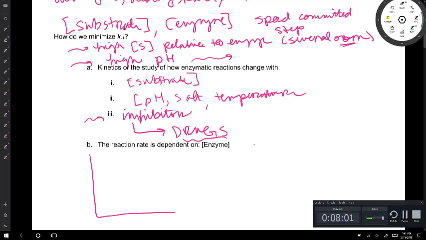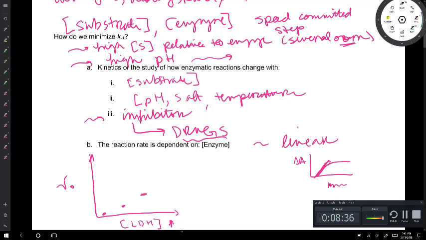Assuming that we are in the linear range when we measure this, if we were to graph the initial velocity, the change in absorbance per minute, the initial linear portion of the curve, against increasing LDH concentration, you would see that the relationship is linear.